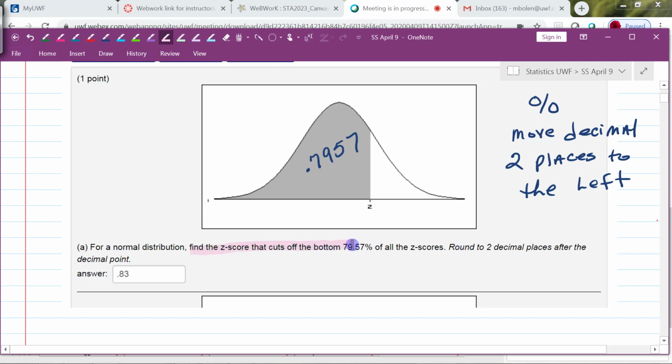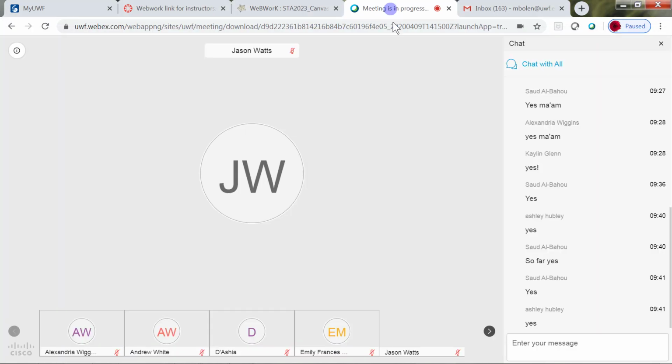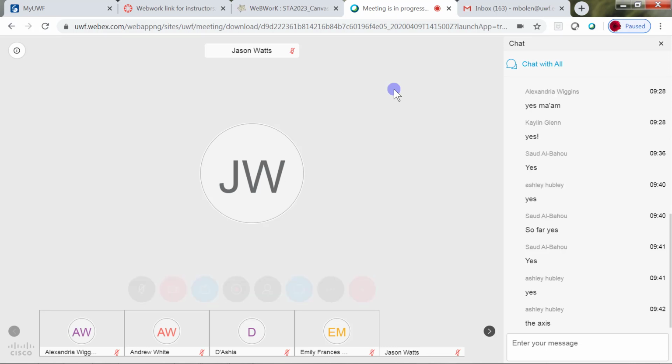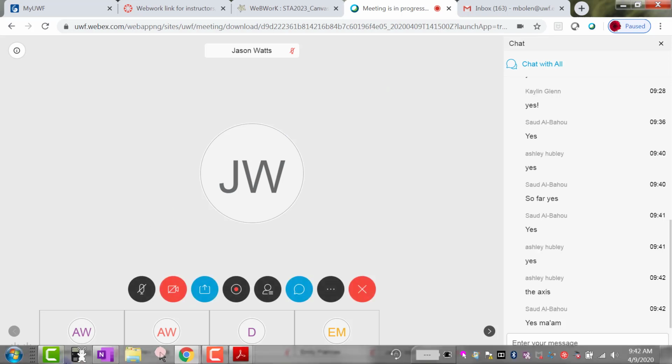Remember, where is the z-score located on this graph? I would like you to type in your answer. Where is the z-score found? On the axis. That's correct. Saud, do you agree? Do you understand that it's on the axis? Great. Very good. Thank you for the feedback, guys.